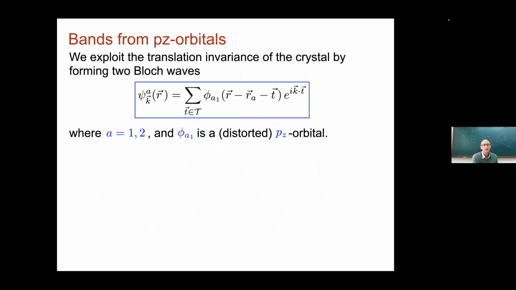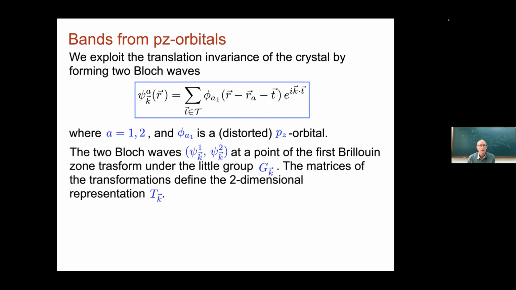So you have these orbitals, these green and red orbitals, and now you form two different types of Bloch waves. One is based on the green orbitals, the other is based on the red orbitals corresponding to the two atoms, okay? So these are distorted pz orbitals.